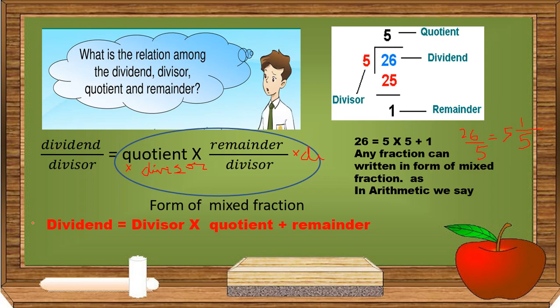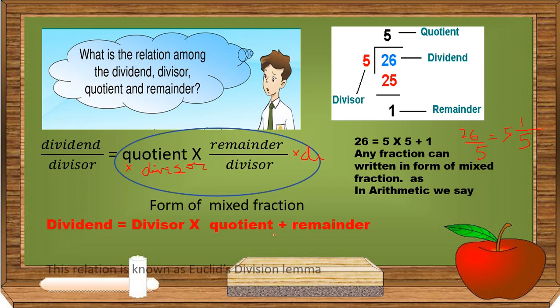So we get dividend is equal to divisor into quotient plus remainder. This formation, dividend is divisor into quotient plus remainder, we have learned in earlier classes when we divide any number by another number.